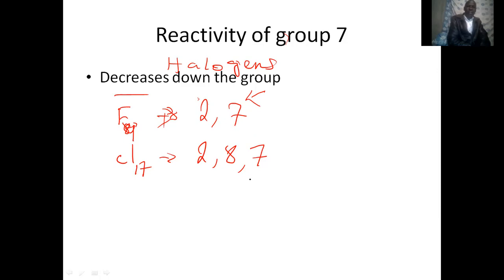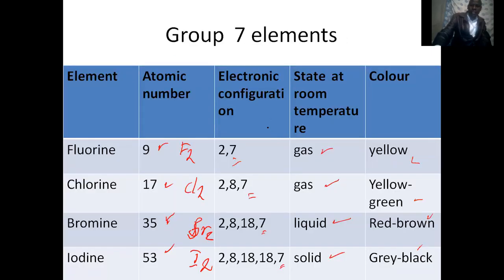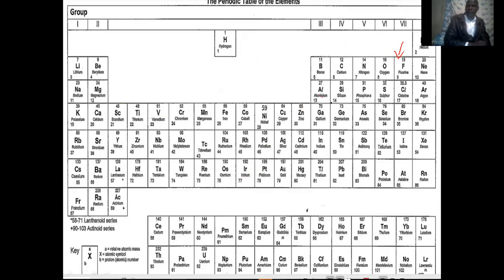Chlorine has 3 shells, so the incoming electron is far and is attracted less, and therefore the reaction will not be as fast as in fluorine. As you go down the group, the reaction decreases. We expect fluorine to be more reactive than chlorine, chlorine more reactive than bromine, and bromine more reactive than iodine, and so on.